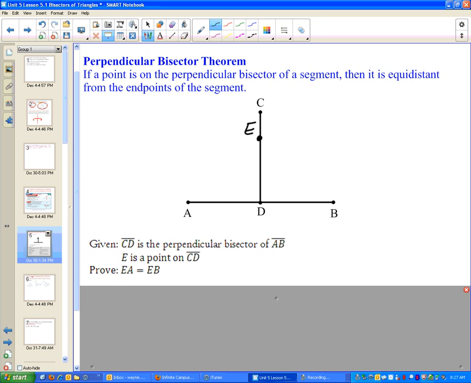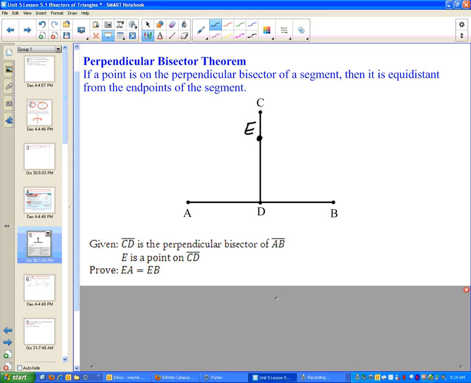If the length of EA equals the length of EB, that means E is equidistant, doesn't it? Okay? Because the length of a segment is the same thing as the distance between the 2 points. So if the distance from E to A equals the distance from E to B, then I've proven that E is equidistant from A and B, from the endpoints of the segment.